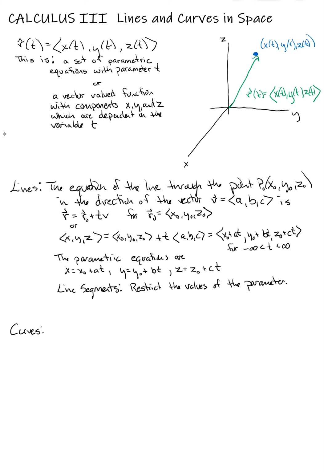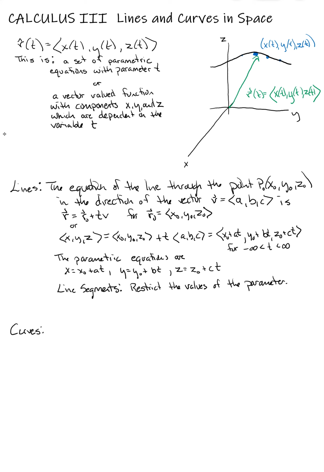And of course these are at a very specific point, like in this case, I could call those x naught, y naught, z naught. Very specific, but the idea here is that we actually have a whole bunch of them. So I could maybe have another point here or another point here, and we get all of these other little vectors, and so we end up with some sort of line or possibly a curve.